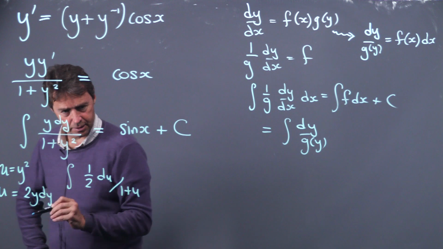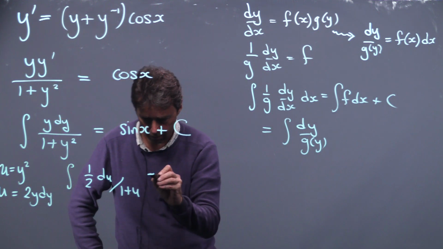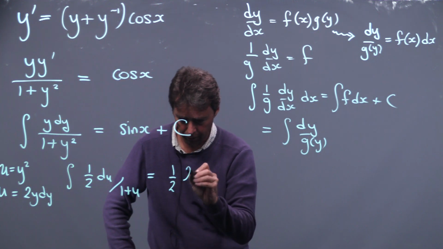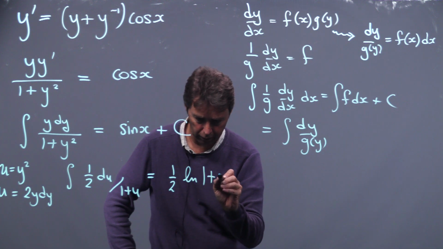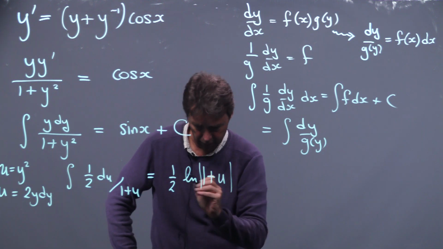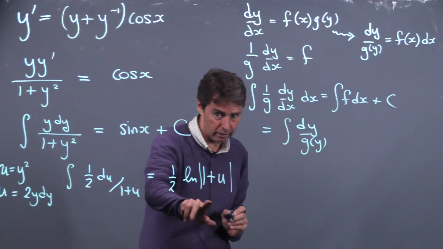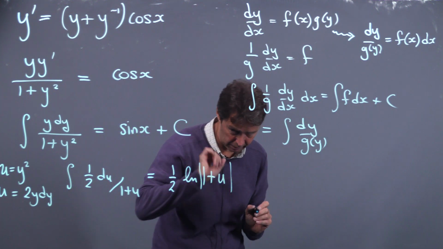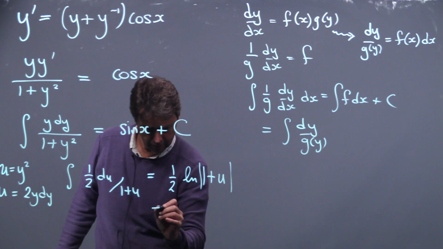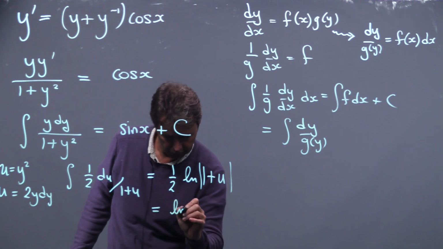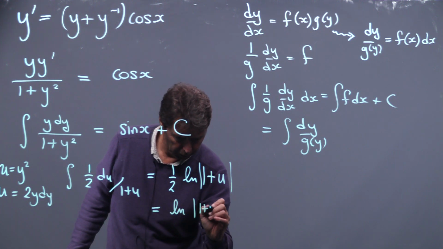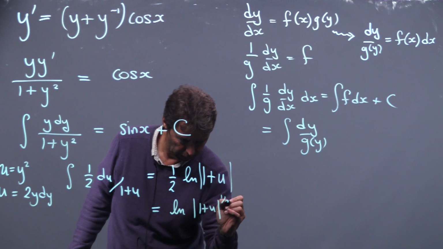So that is the same integral on the left there, which is 1/2 the logarithm of 1 plus u. And then I should put the absolute value in. Whenever you have 1 over something and you integrate it, in principle it should be the logarithm of the absolute value. So this I can write as the logarithm of 1 plus u to the 1/2 power.